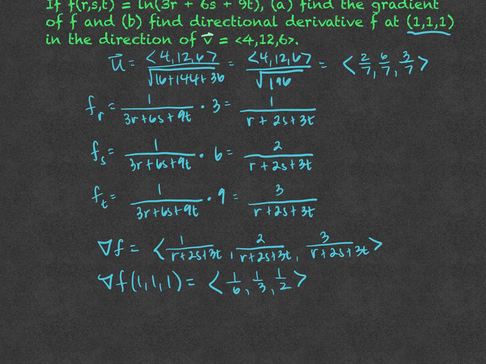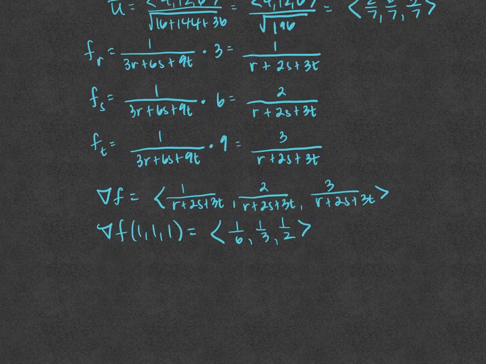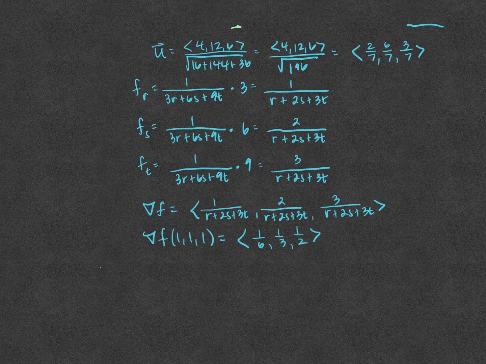Now we may wish we'd kept them all in terms of 6 when we do our dot product of the gradient and the unit vector to get our directional derivative. But here it is. All right, so our directional derivative of u in terms of r, s, t, I'm struggling with that today. You ever have those struggles?